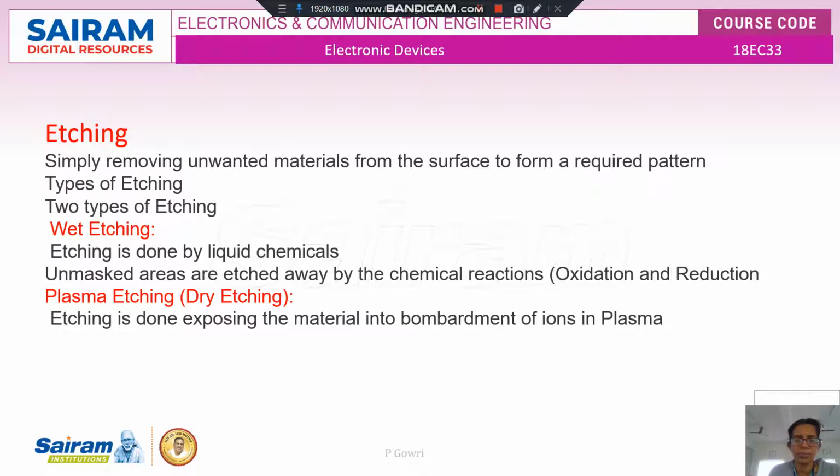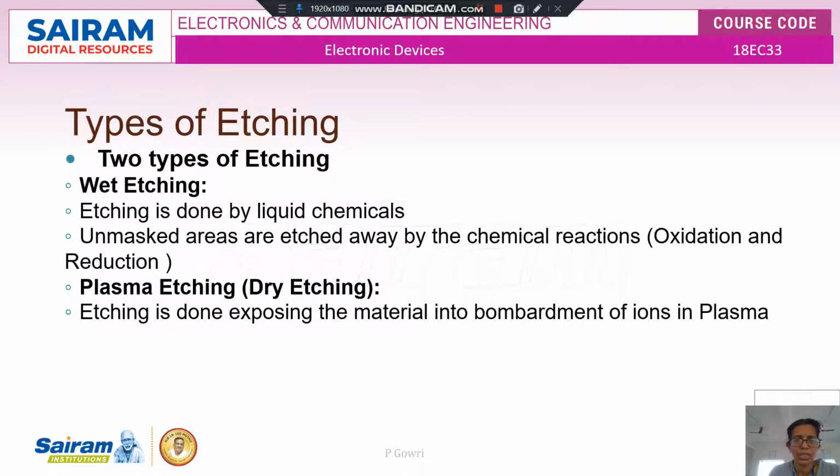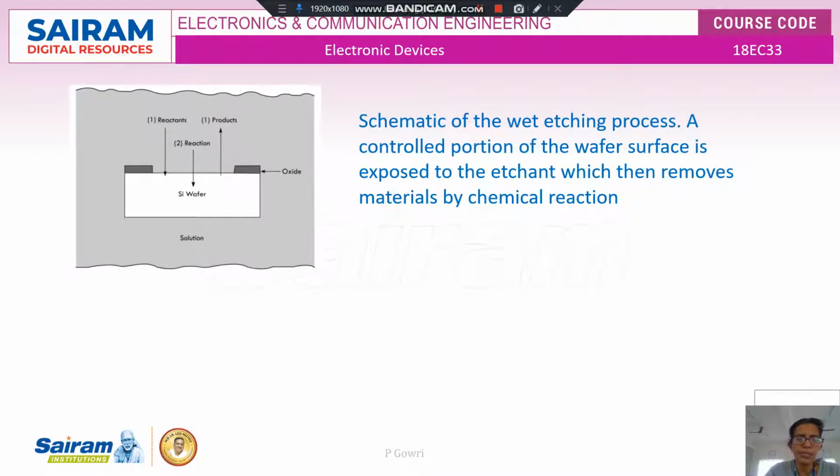So we will see what is meant by wet etching. In this diagram we can see that we have a solution of some chemical. When my wafer is dropped into this, it is exposed to the etchants, the solution.